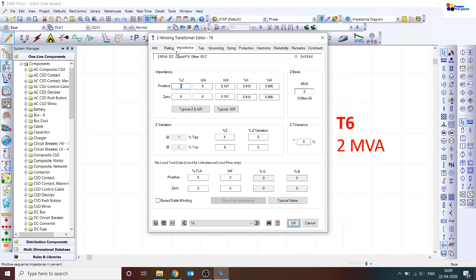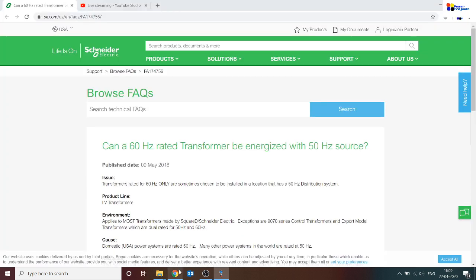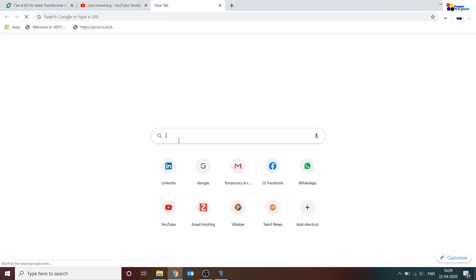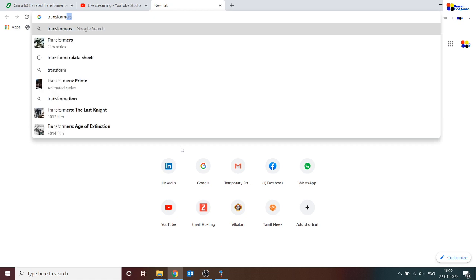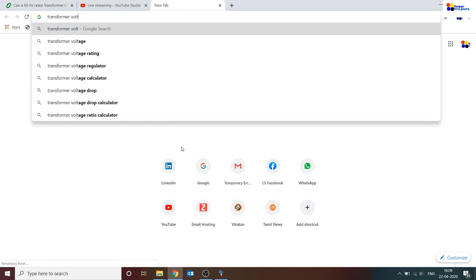The answer is no. So going back to my voltage equation, let me find some equations. I have not prepared the slides anyway, so let me quickly get some equations.